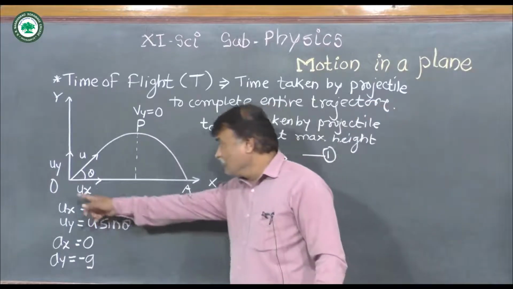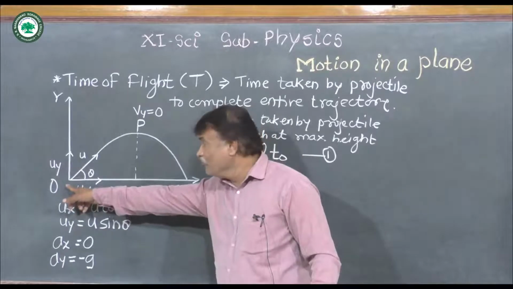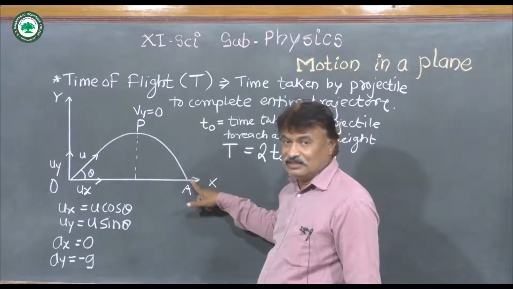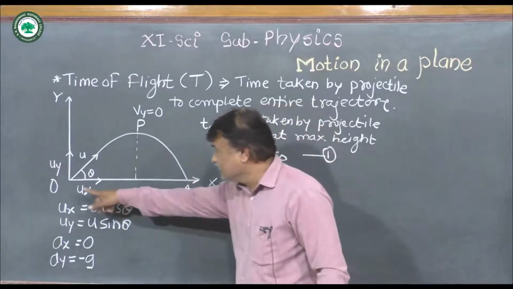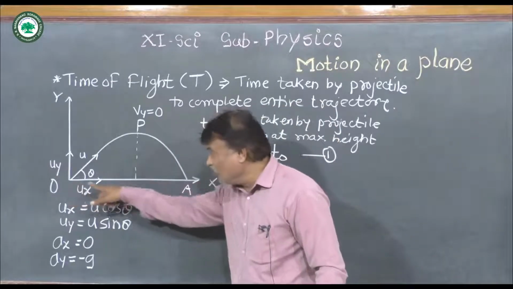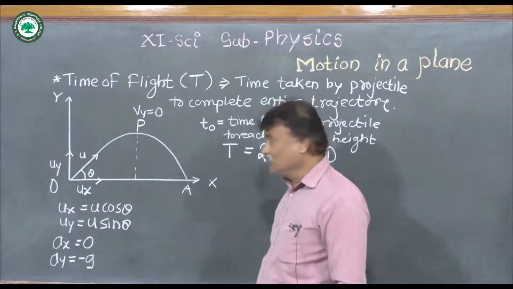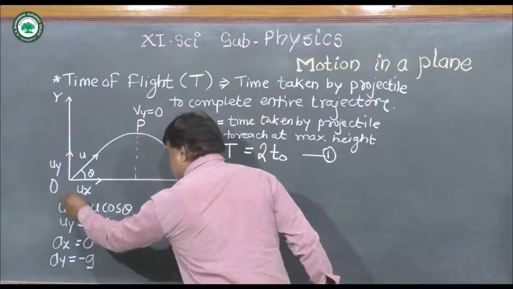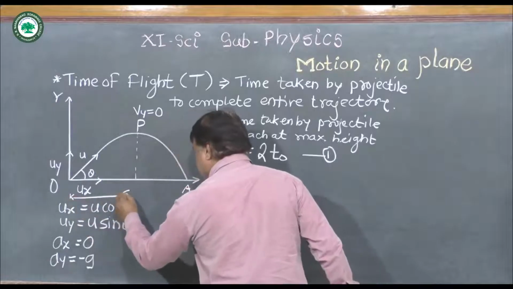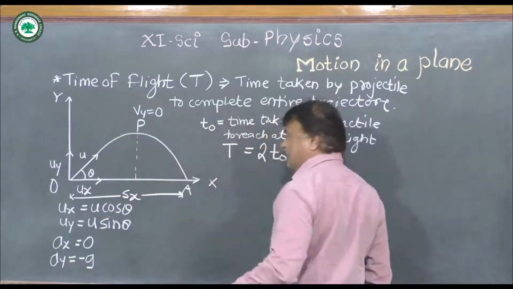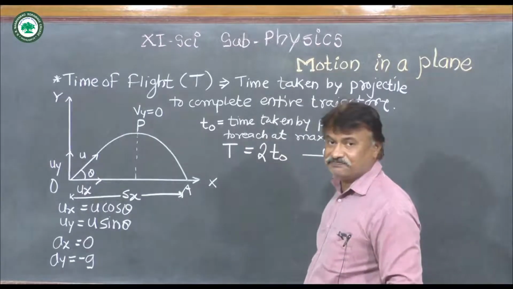Now the projectile moving along the entire trajectory covers a distance along the horizontal x-axis. This distance is given by sx along the x-axis. This is the horizontal distance.